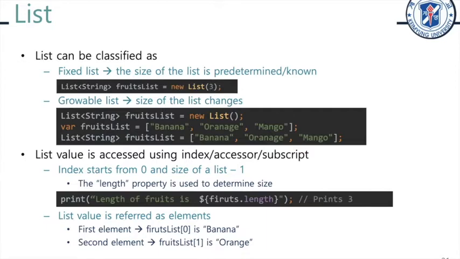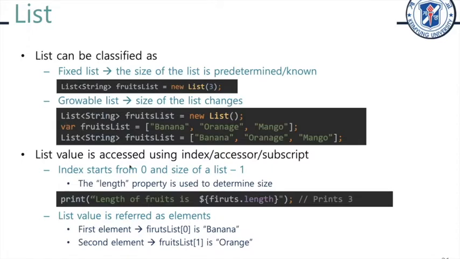So when you create a list that contains days in a week, the list can be fixed with number 7. And with a list such as fruits, when you are not certain how many elements that list holds, then you can make your list growable.